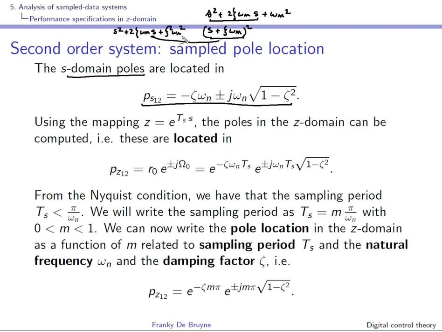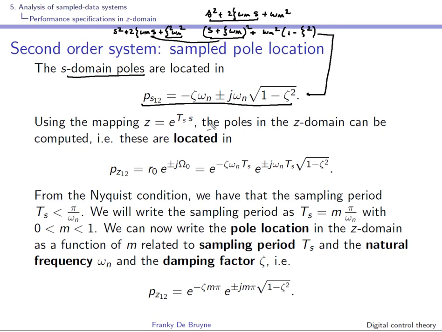So we have added this one, so we need to subtract it. So we have omega n squared times 1 minus zeta squared. So now it's quite easy to obtain the poles from this expression over here.